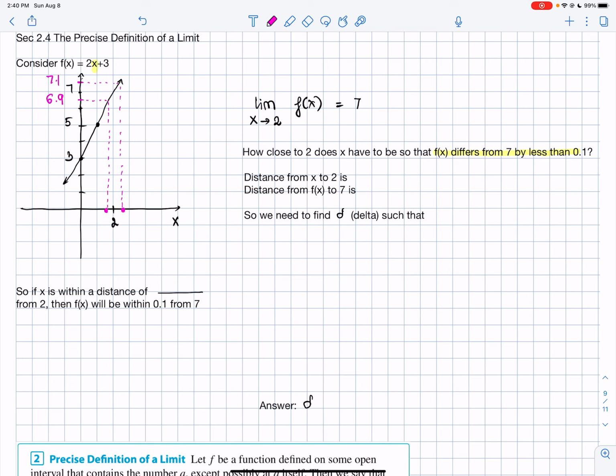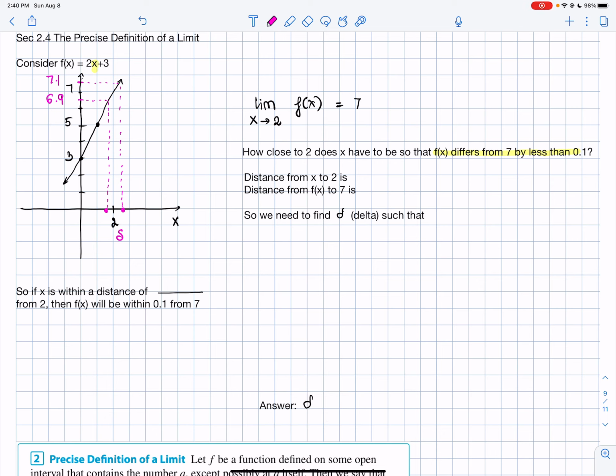Then how far does 2 go to the right or to the left on the x-axis? I will call that space delta. Our job is to find delta so that from 2 we go to the right delta step or to the left delta step. So our job is to find the delta later.